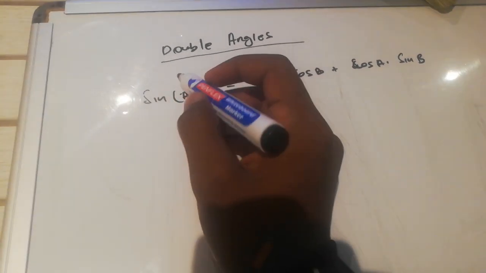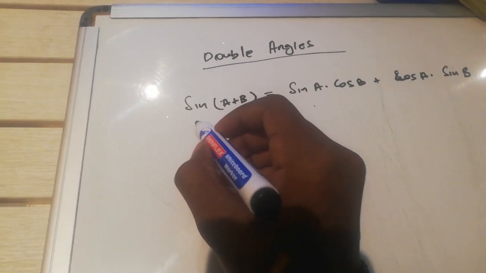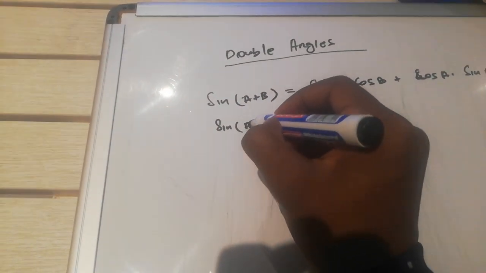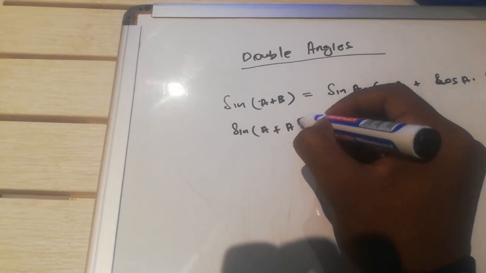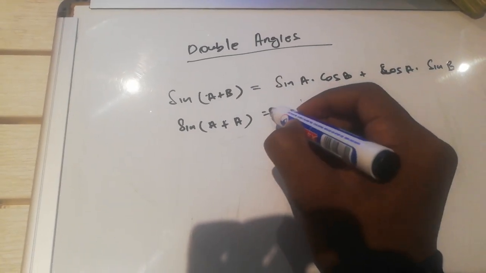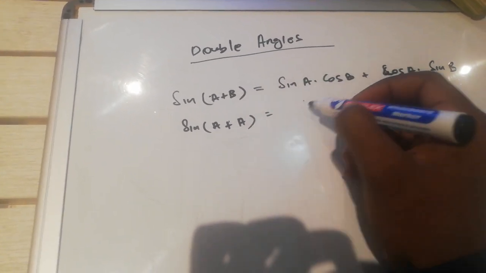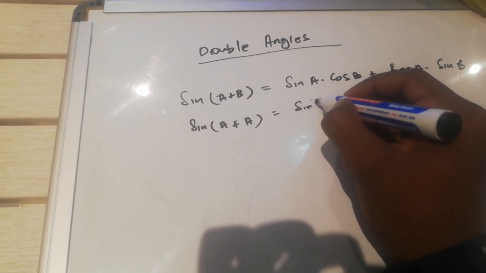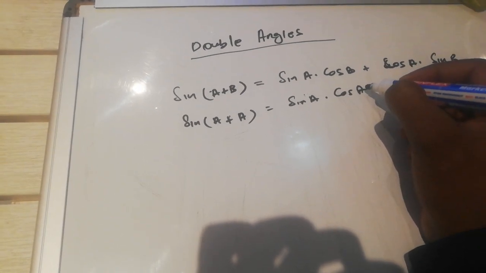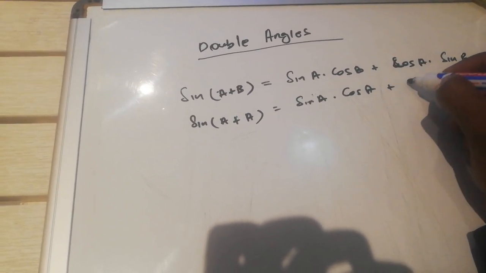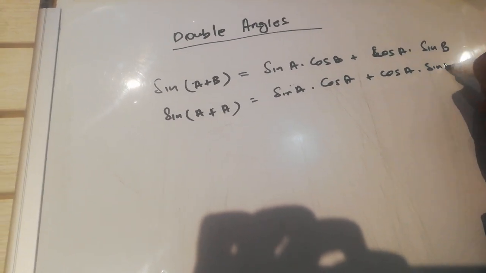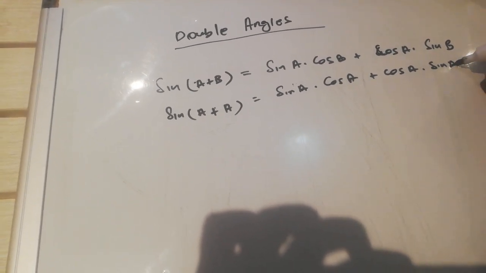Now we want to see what happens when you have two angles that are not different, meaning maybe you have a sine of A plus A. So we basically follow the same procedure in which we say it's sine A times cos A plus cos A times sine A, because we have sine A here and cos A here.